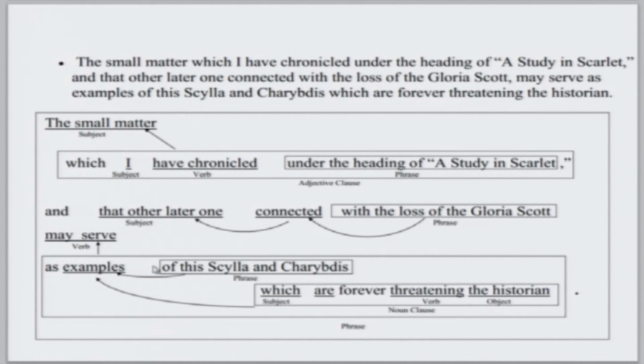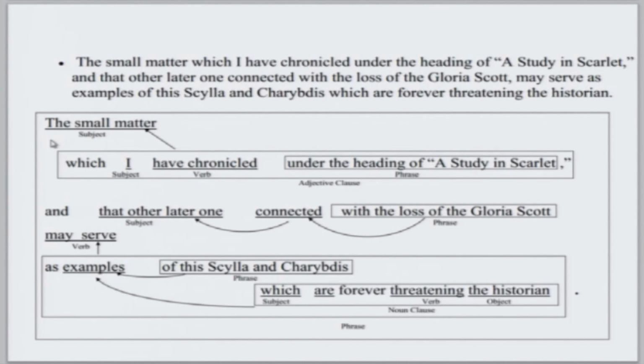So, examples qualified by of this Scylla and Charybdis, and also qualified by this, which are forever threatening the historian. In this case, an alternative interpretation also could have been taken by interpreting this which as and these. In that case, this would not be a complex sentence. In that case, it would be a compound sentence.